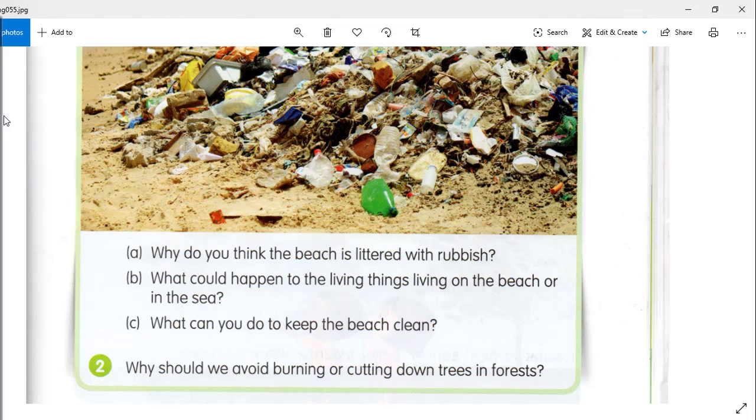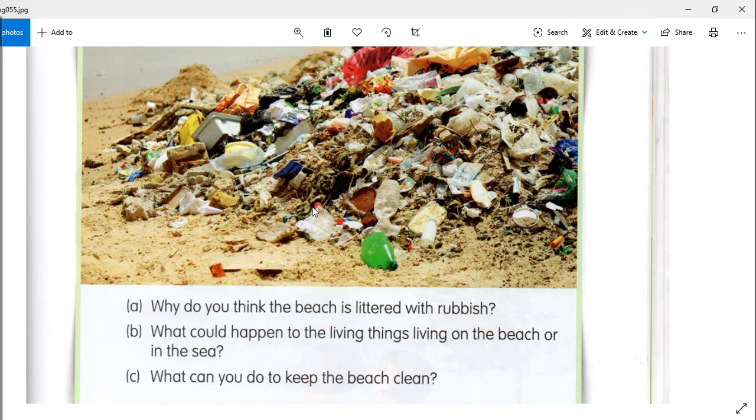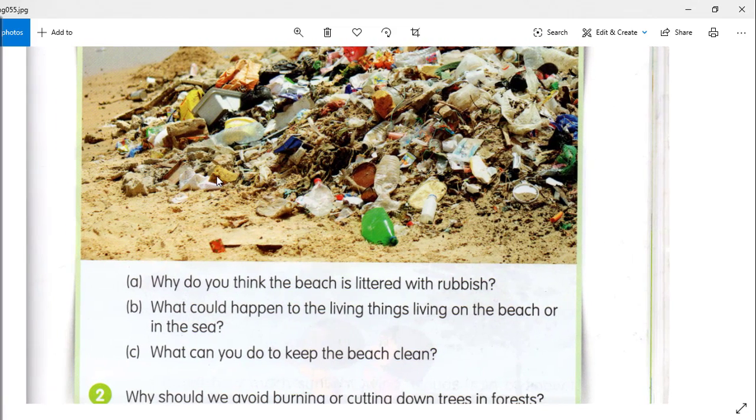So of course we can know that it will harm the living things. It will cause the death of the living things, such as the death of the turtle that eats the plastic bags, or even the water bottle, plastic bottle can be eaten by them sometimes, and then of course they will die because of these things.